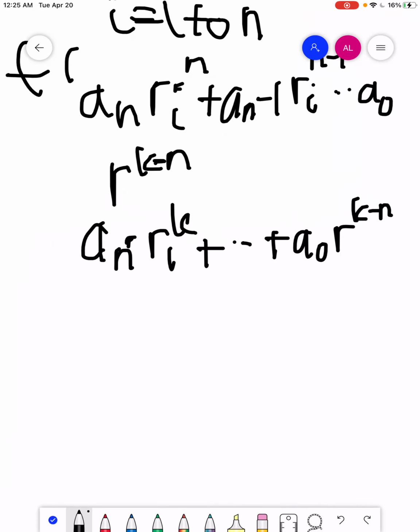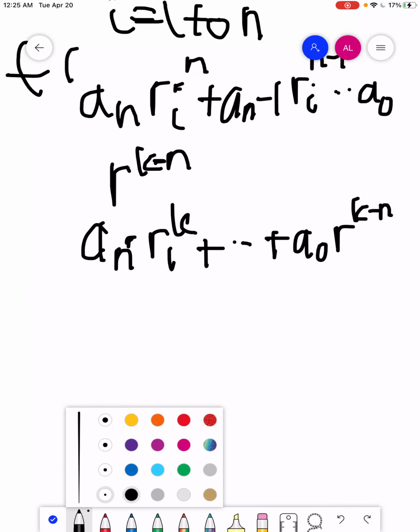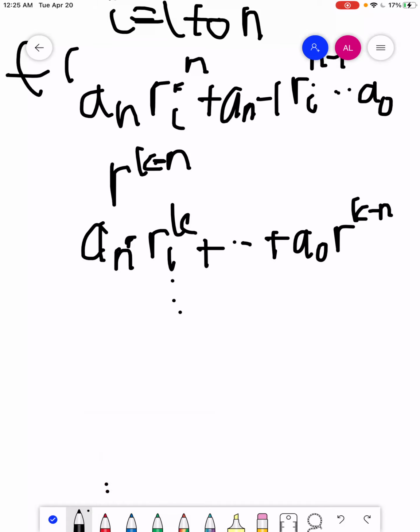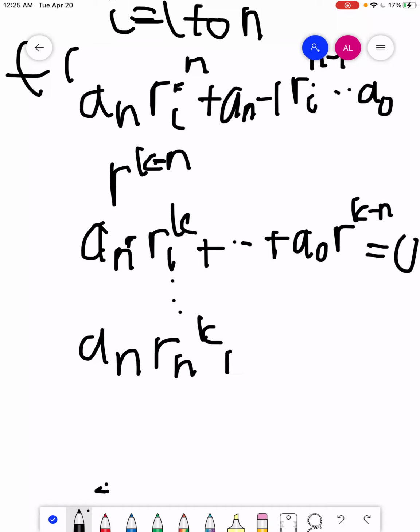And I'll just write out all the different polynomials for all the different roots. This is equal to 0, and then an rn to the k plus up to a0 rn to the k minus n equal to 0. My whiteboard is killing me, sorry for my complaint.